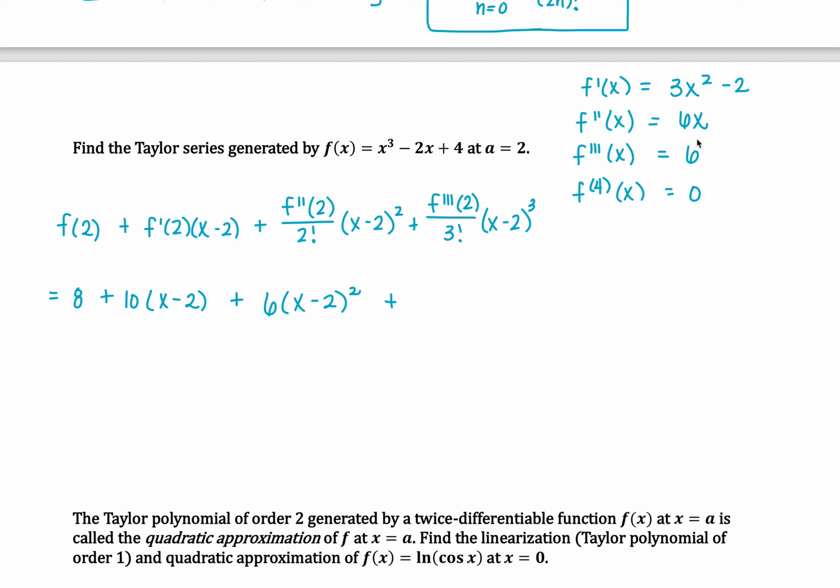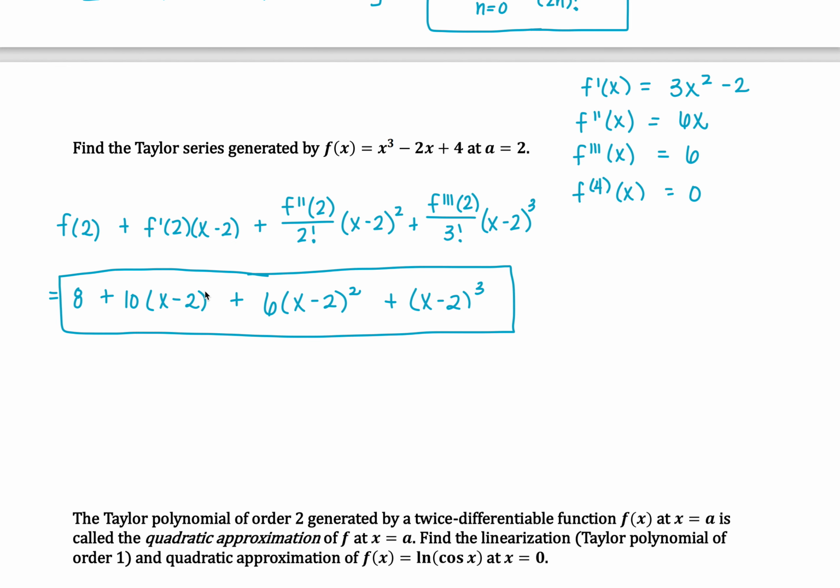Evaluated at 2, it's still going to be 6. And it's going to be 6 over 3 factorial. 3 factorial is 3 times 2 times 1, so it's also 6. So we have 6 over 6, which is just 1, times x minus 2 cubed. So that's the Taylor series generated by that function.